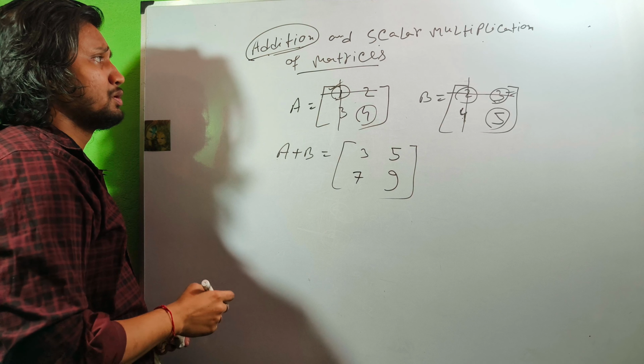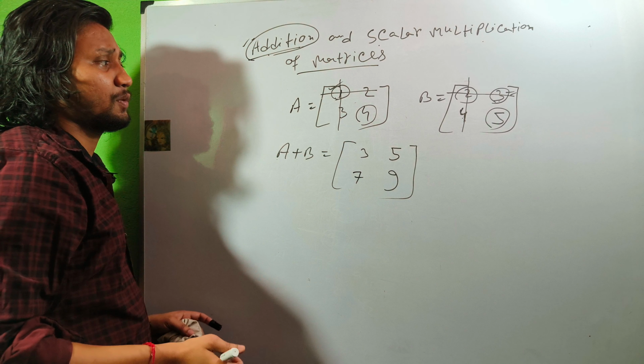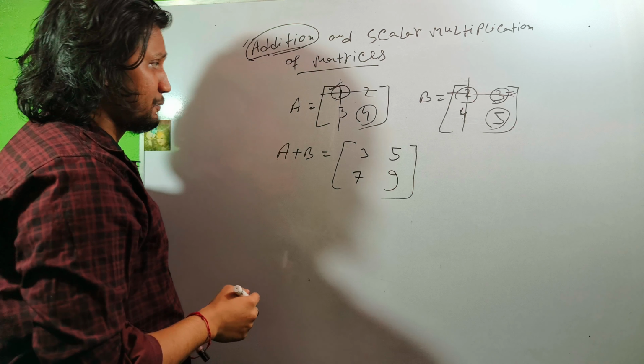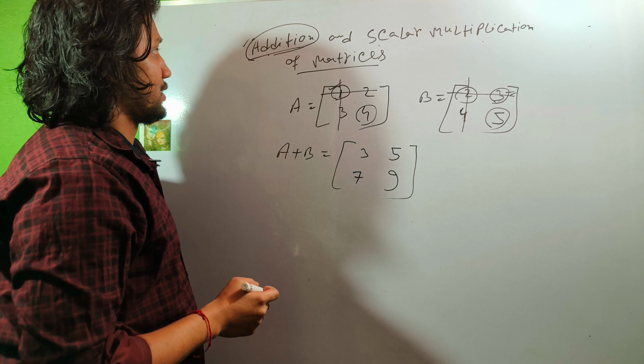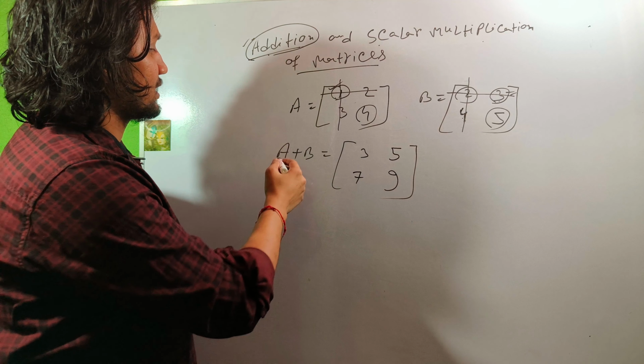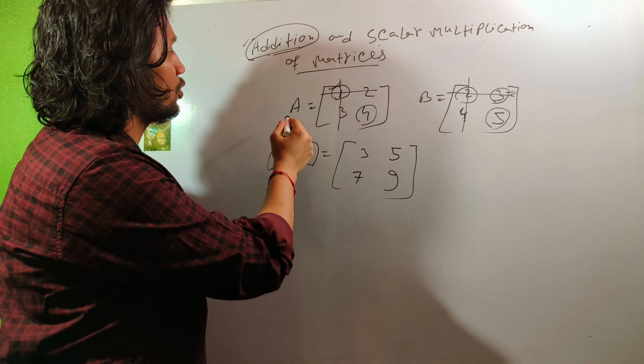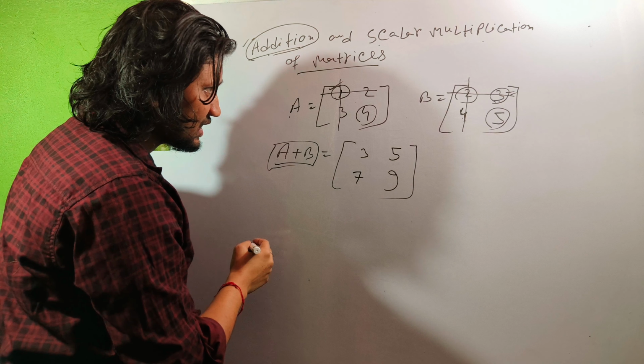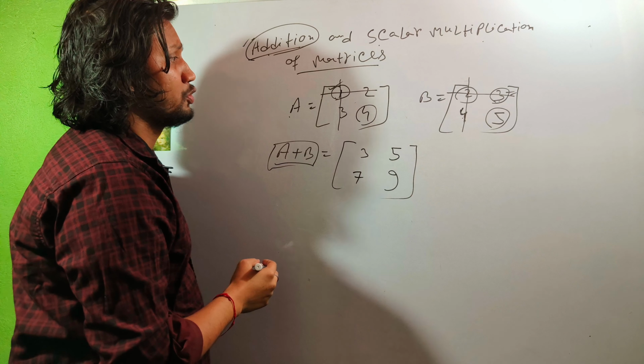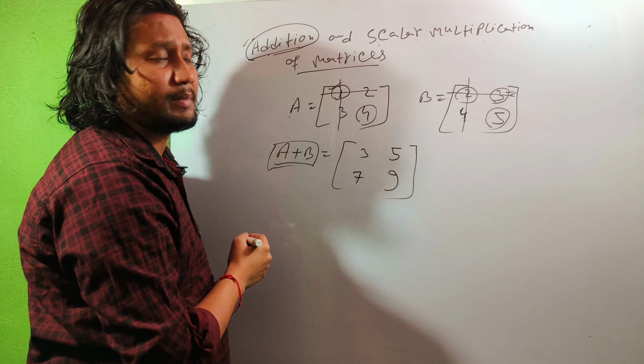Okay. Now, what is the rule of addition of two matrices? If we are going to take the addition of any two matrices, then at first we need to know the order of the matrices.